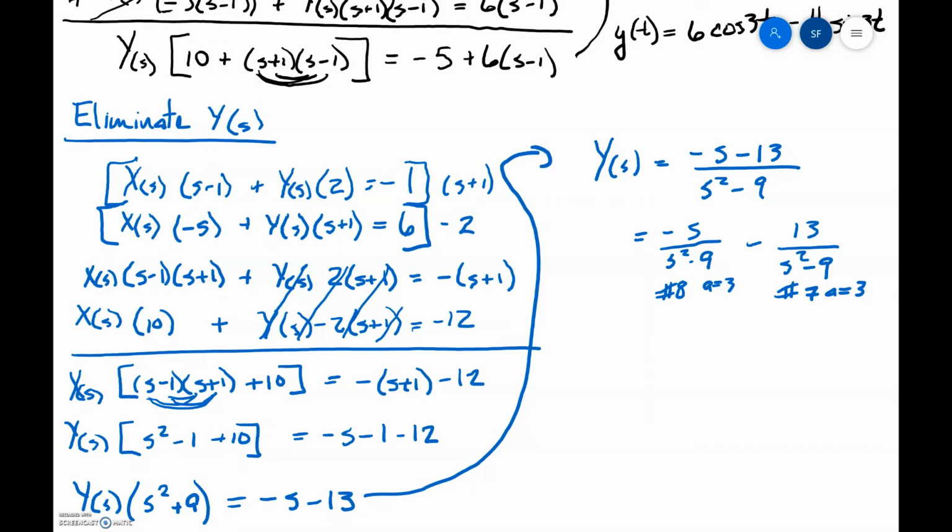This one, because it has the s on top, does not need to make sure that the a matches. So I've got a negative cosine of 3t.